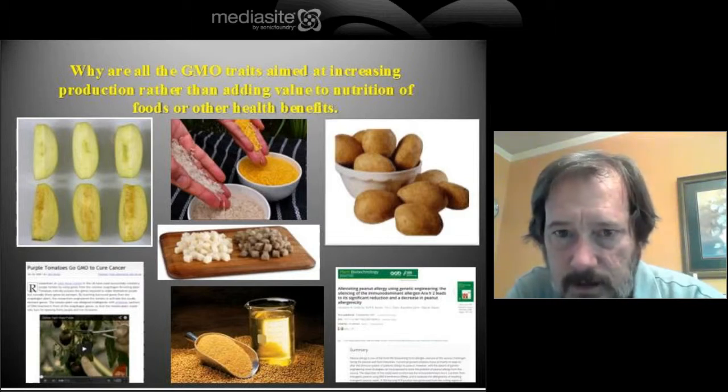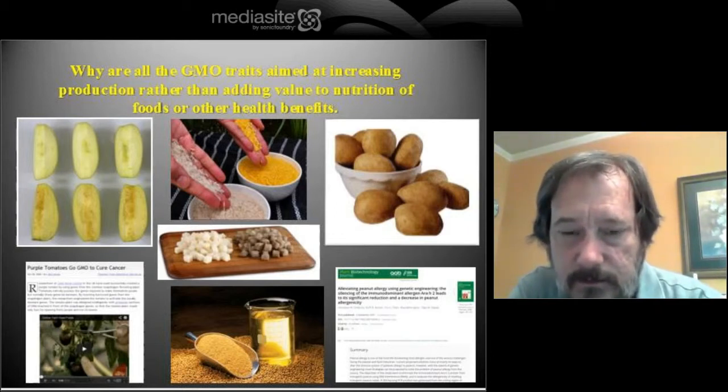There are a lot of traits, and certainly the ones that got adopted most quickly and on the most acreage were ones that dealt with huge crops: corn, soybeans, cotton. And I think primarily one of the reasons this second generation of traits has lagged behind a little bit is that companies are struggling through the regulatory process because it's very expensive to bring these things to the market.